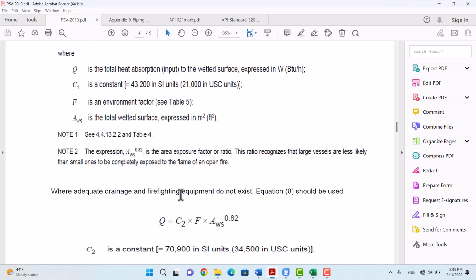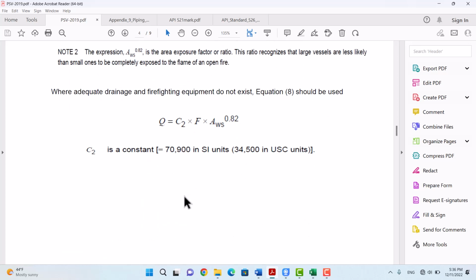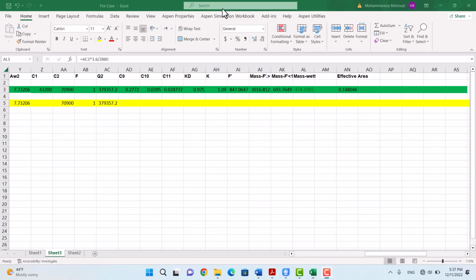Of course, it is in watt. So we have calculated the total heat absorbed.